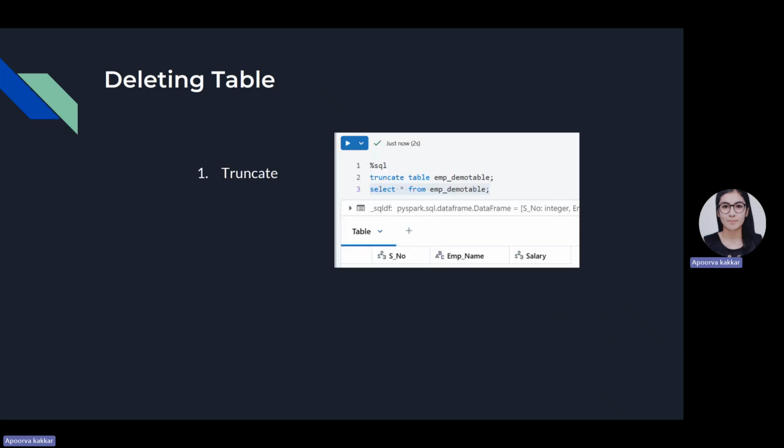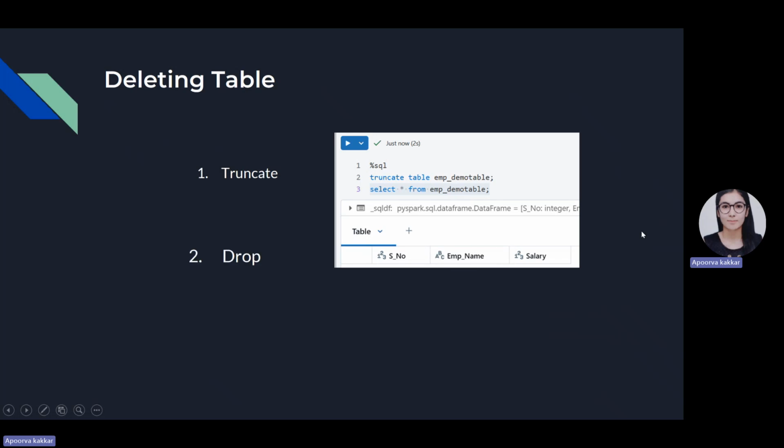To truncate the table, we will be writing TRUNCATE TABLE, the name of the table, which is employee demo table, and a semicolon. Then if we try to view our table by writing SELECT * FROM the employee table, we will see there is no data inside the table, but only the structure of the table, that is the names of the columns along with their data types.